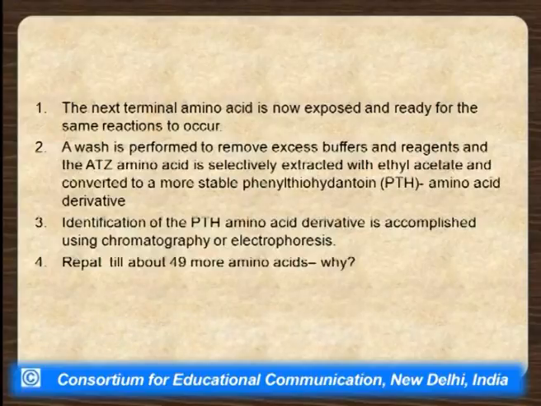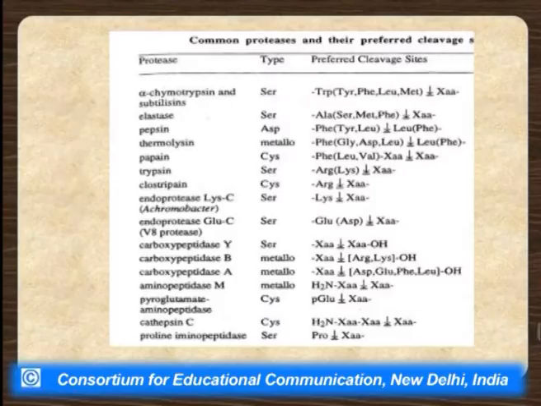Once the ATZ amino acid is extracted with ethyl acetate and converted to a more stable phenylthiohydantoin form, it can be further identified using chromatography or electrophoresis. This can go on, and new N terminals can be generated, but this cannot be done for more than 50 cycles.